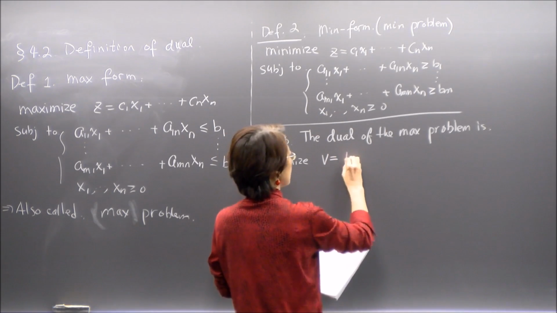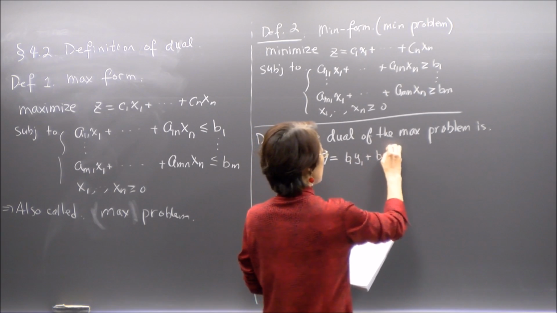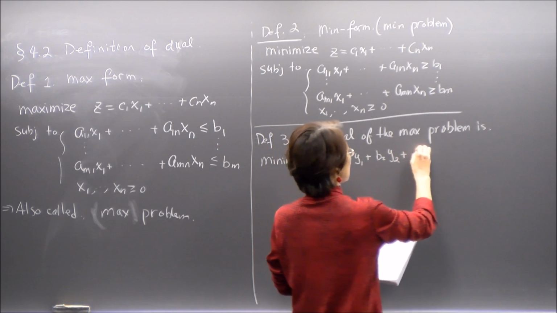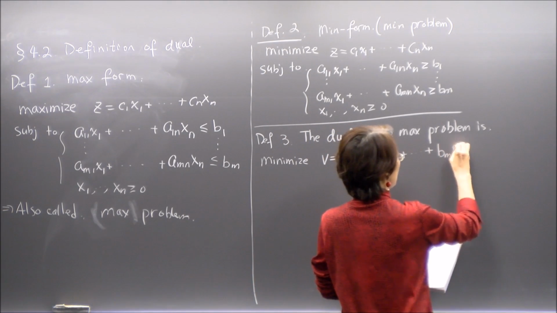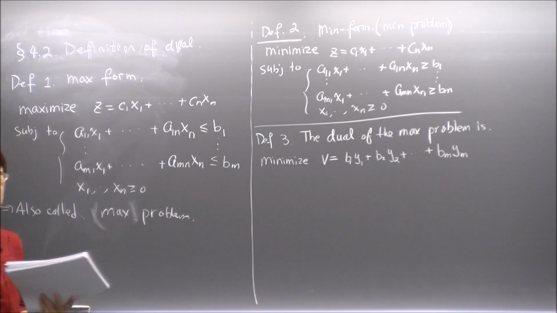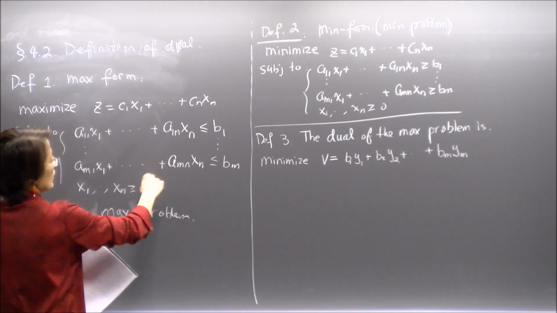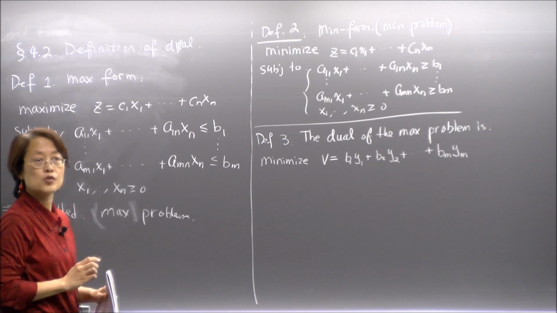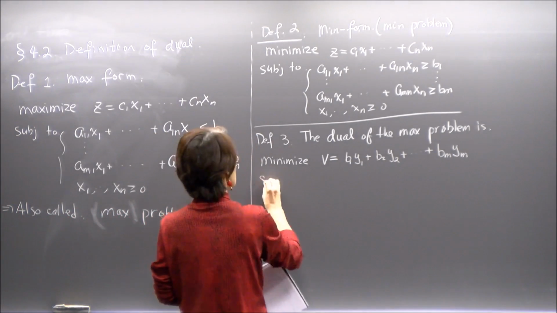So I will have b1 y1 plus b2 y2 plus all the way to bm ym. So now I have m variables. Okay, so the number of variables equals the number of constraints here. Okay, subject to.